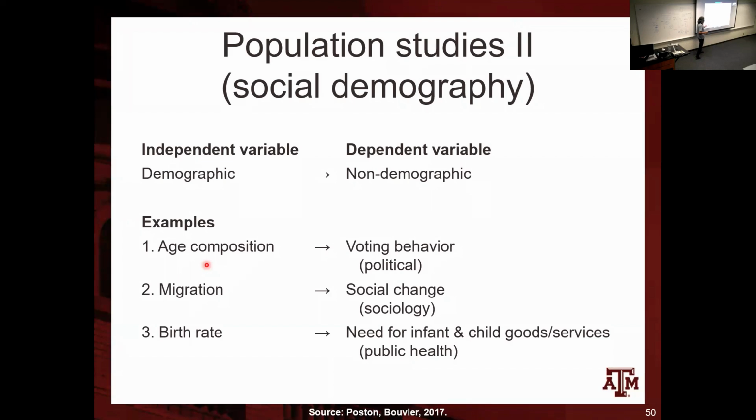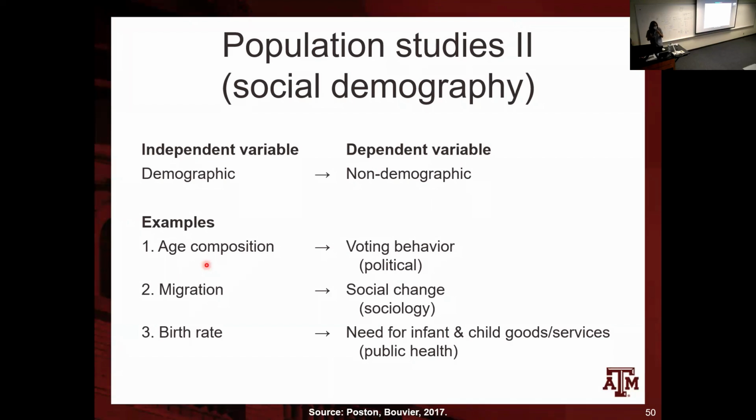Birth rate: an increasing birth rate, a demographic variable, might make us need to invest more in hospitals, in public health services for children, for babies. So, a demographic variable affecting our actions in public health.